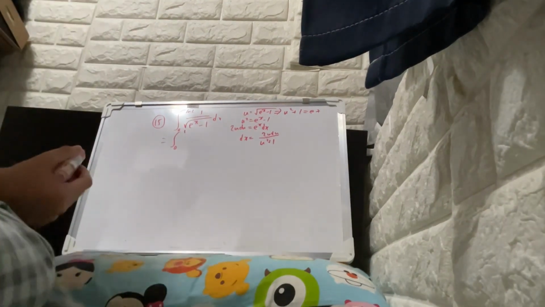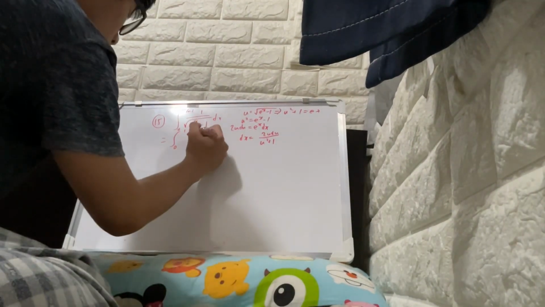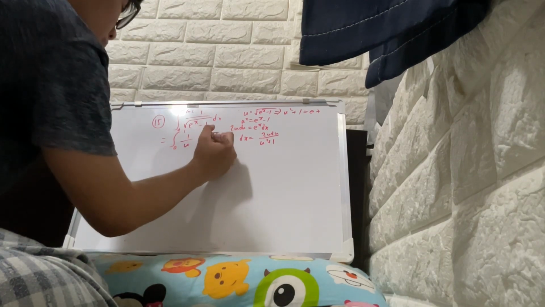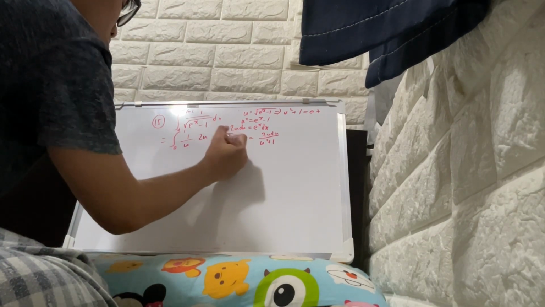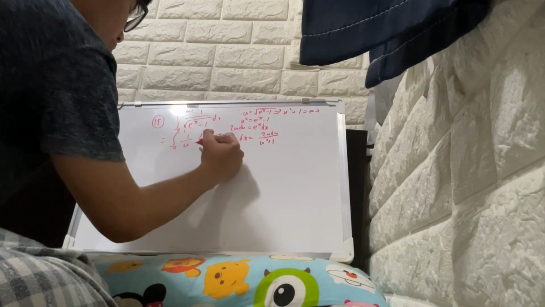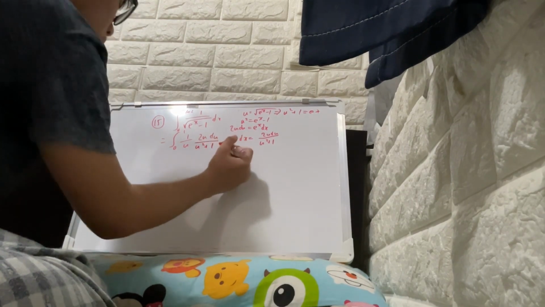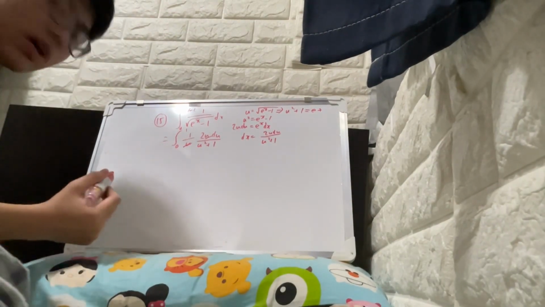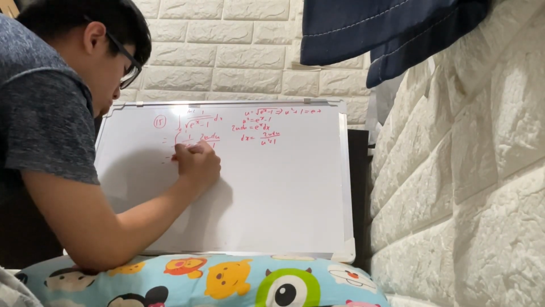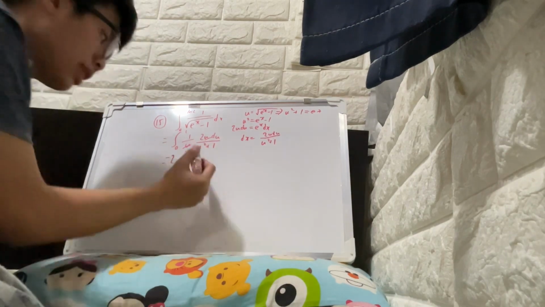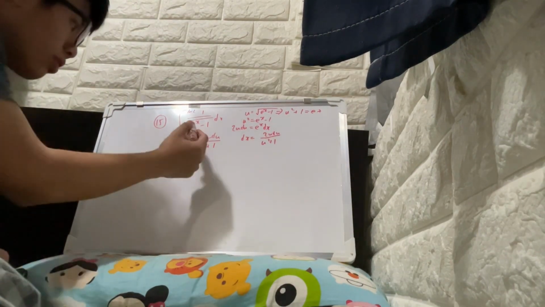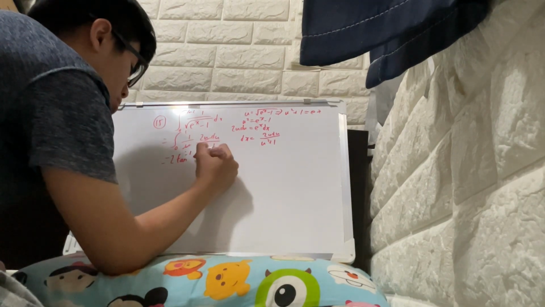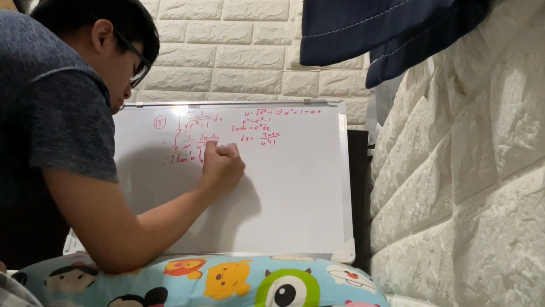So from 0 to 1, and then the original, 1 over u multiplied by 2u du over u squared plus 1. So you will see u and u cancel each other out, and then you get 2 times the integral of 1 over u squared plus 1, which gives inverse tangent of u, and you're gonna plug in 0 and 1.